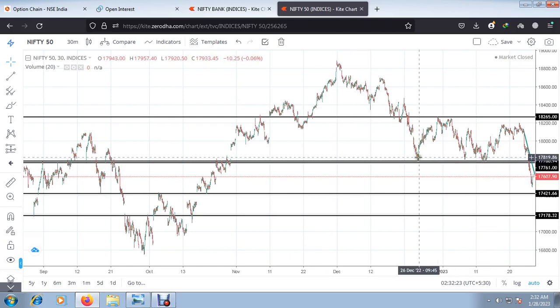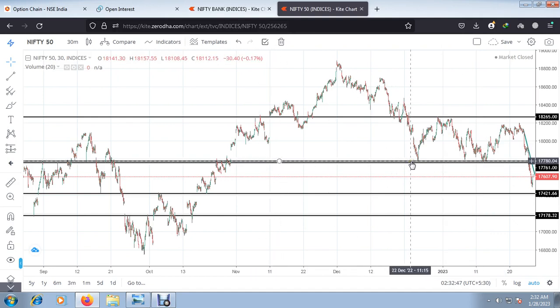Whenever you are marking levels, you need to find out from the candles first what the higher and lower values are. Whatever is the highest value among all those nearby candles, we can mark as a resistance, and the lowest value among all nearby candles, we can mark as a support level.